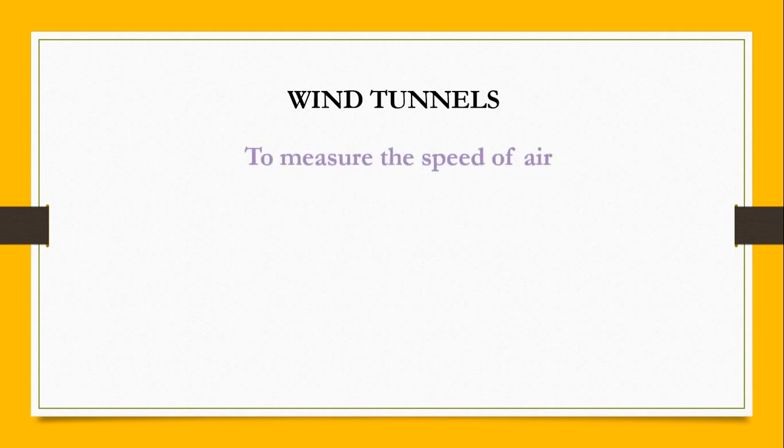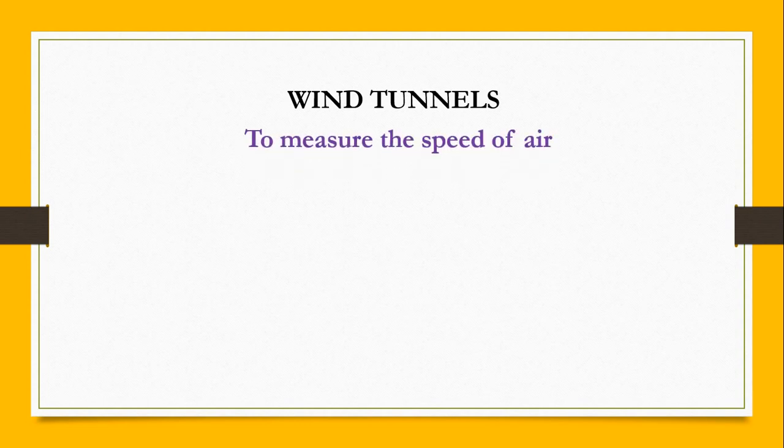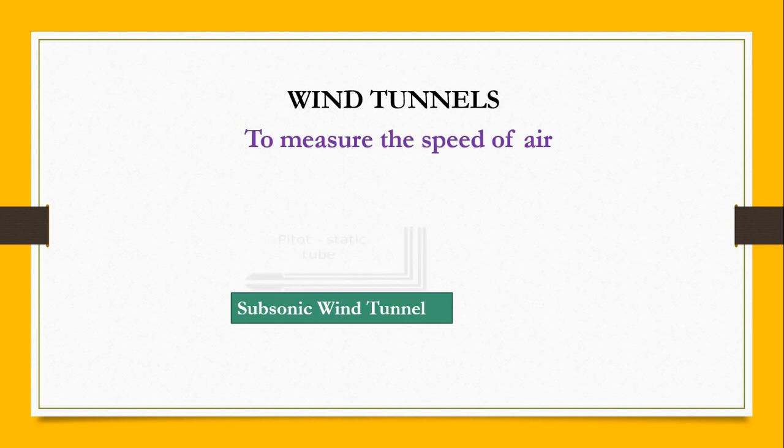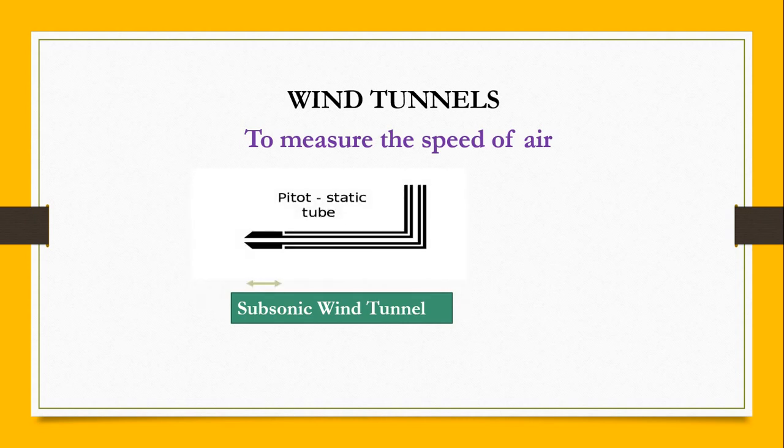In wind tunnels, this pitot static tube is used to measure the speed of air. In wind tunnels, we have a single system which gives pressure for both the static and stagnation pressures. For a subsonic wind tunnel, the static source or static vent is kept at a distance of 4d from the leading edge of the pitot tube.